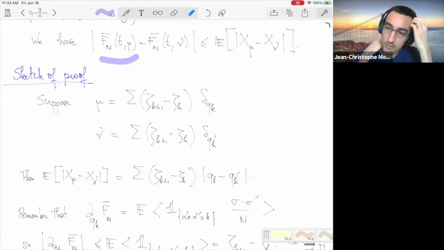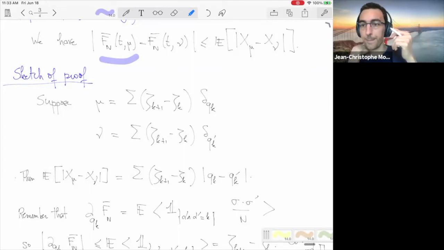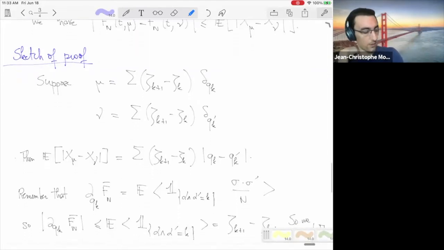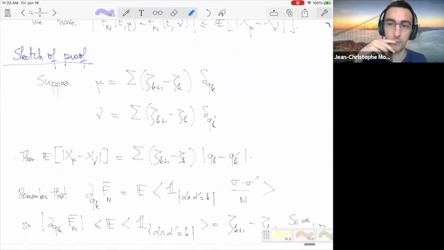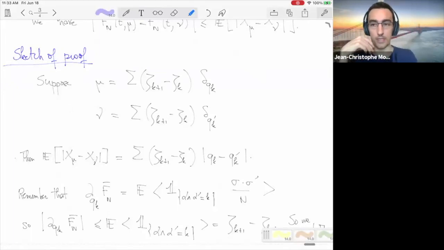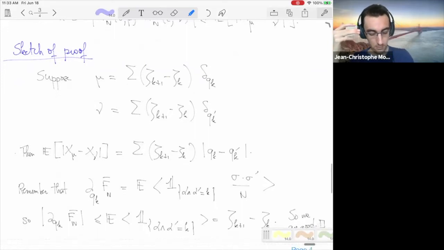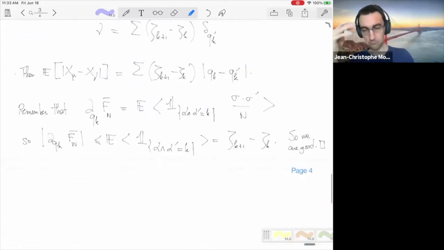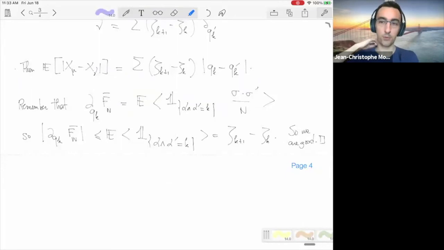But in fact, you see that using this result, you can extend it to really any measure with, let's say, a finite first moment, because by continuity, you can do it. And hopefully it also gives some more credence to the idea that thinking of these derivatives as, let's say, derivative with respect to the measure makes sort of sense.